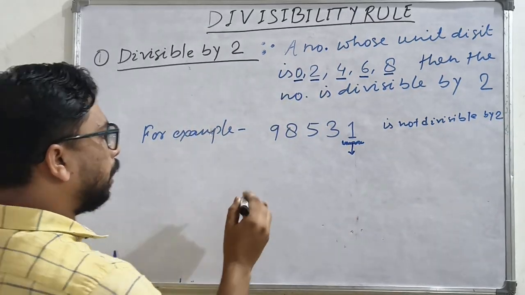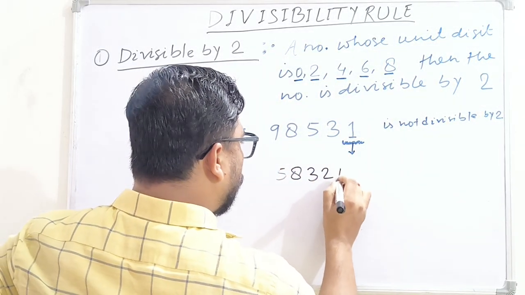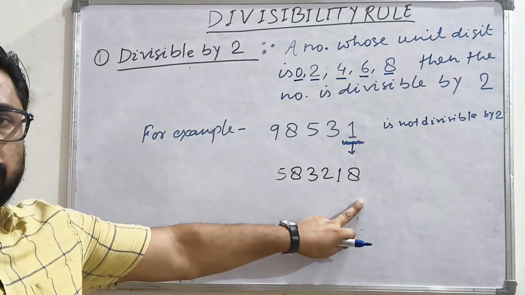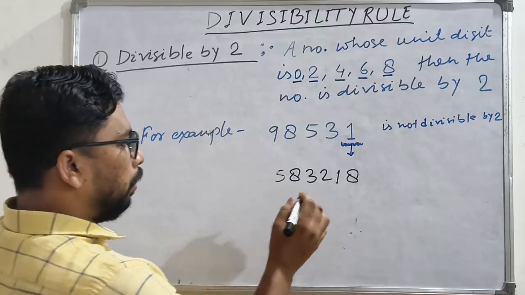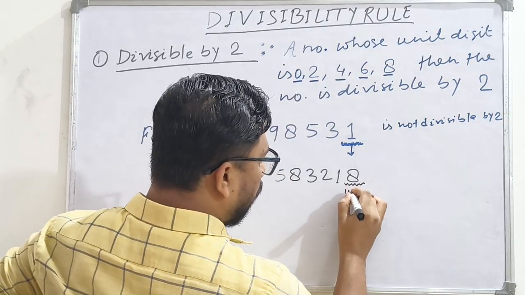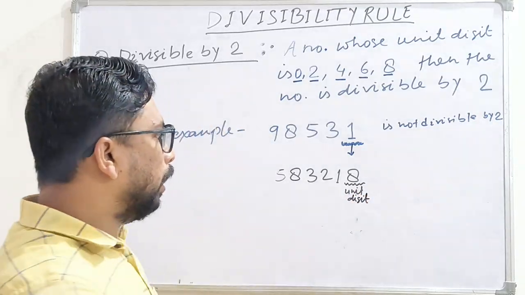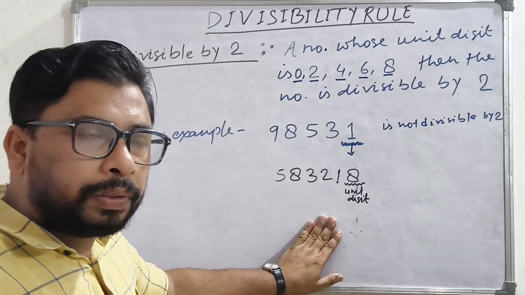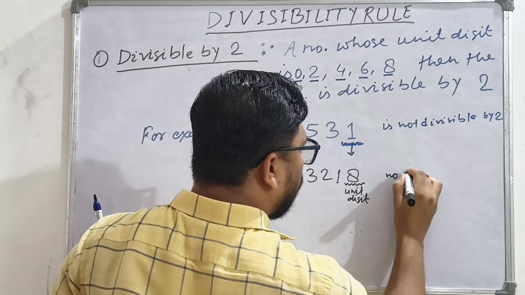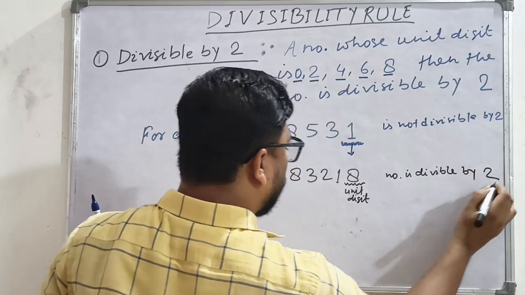Now I am giving you another example: 583218. Is this number divisible by 2? Your answer is yes, sir, because the unit digit here is 8. The unit digit is 8, so this number is divisible by 2. Another: 5913286. Is this number divisible by 2?